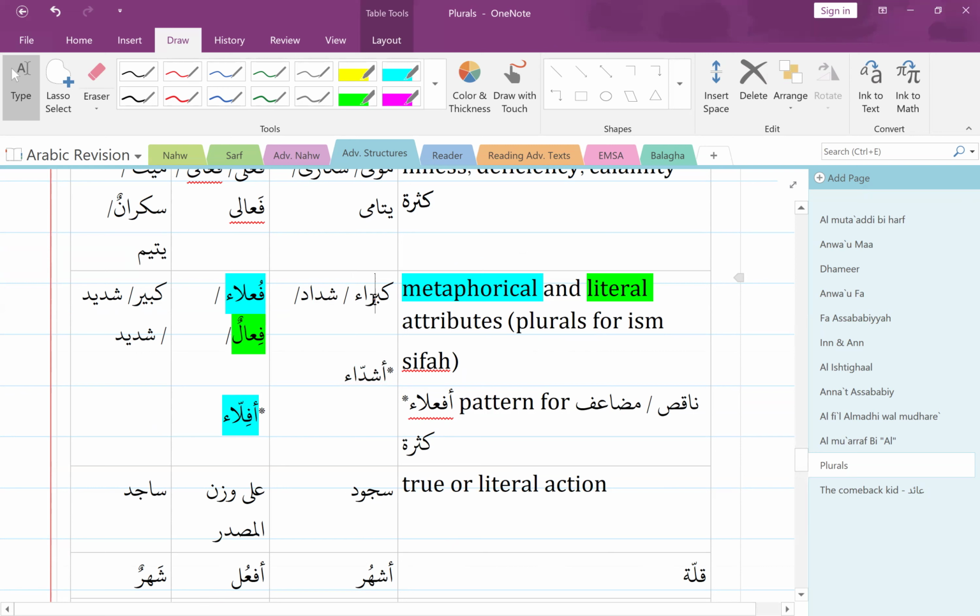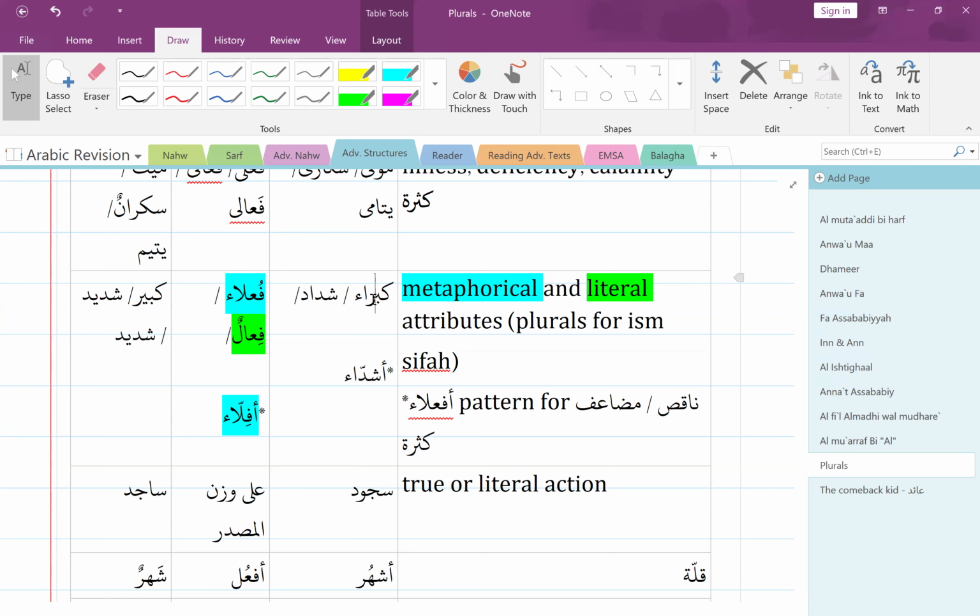I think this is something that Dr. Fadil Samirai mentioned, that kubara is used for the metaphorical. Yes, metaphorical. So kubara is metaphorical in nature. For example, what does kubara mean? It means leaders.